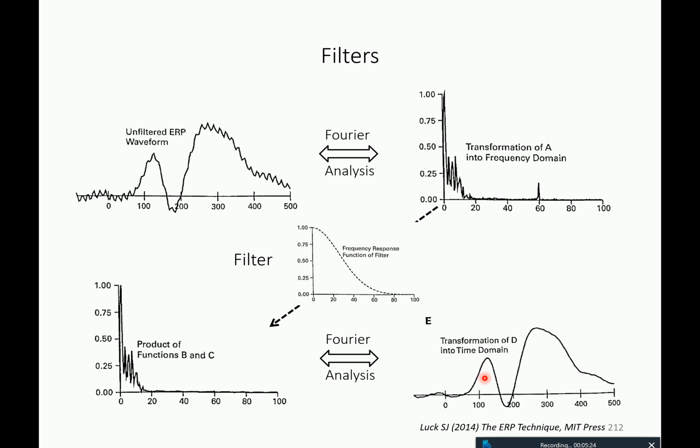You project the data into a different space and do something to this representation, then you can reconstruct the data and it looks different, maybe more like you would like it to. Filtering out 60 Hertz makes sense because it's not a biological contribution, it's not coming from the brain.